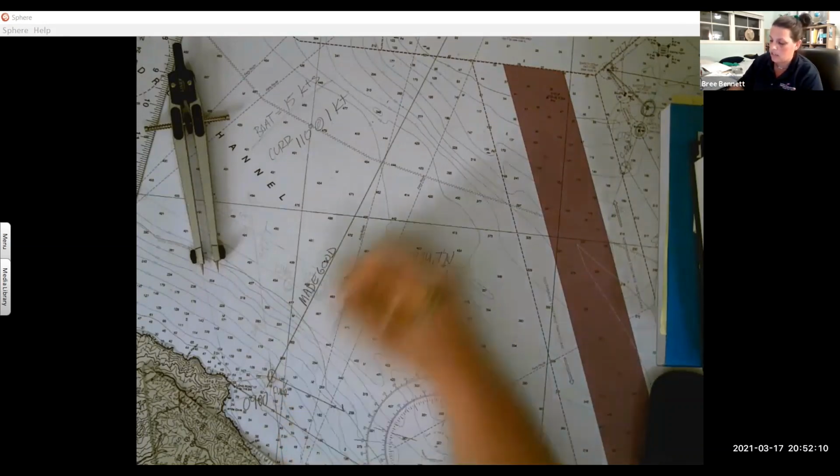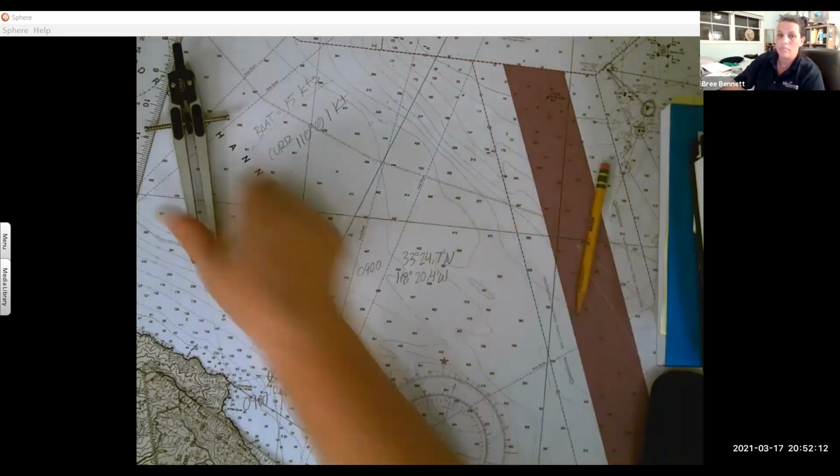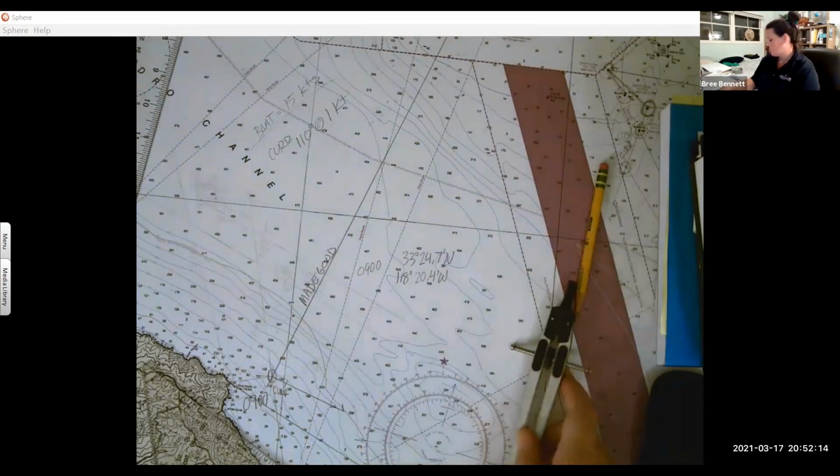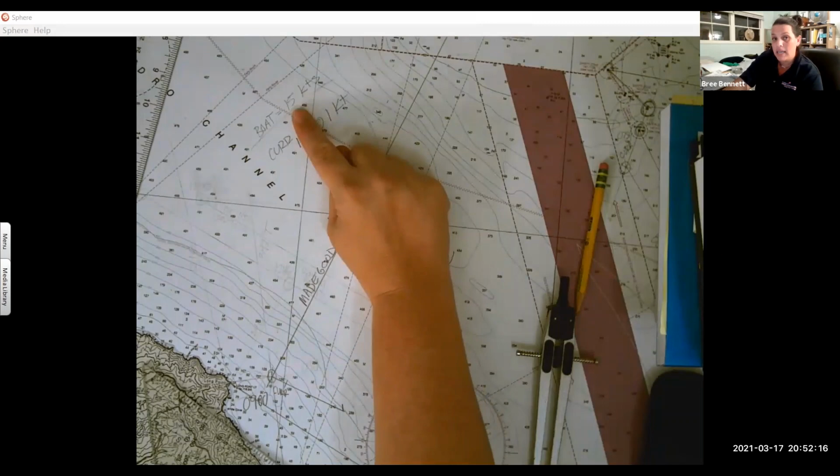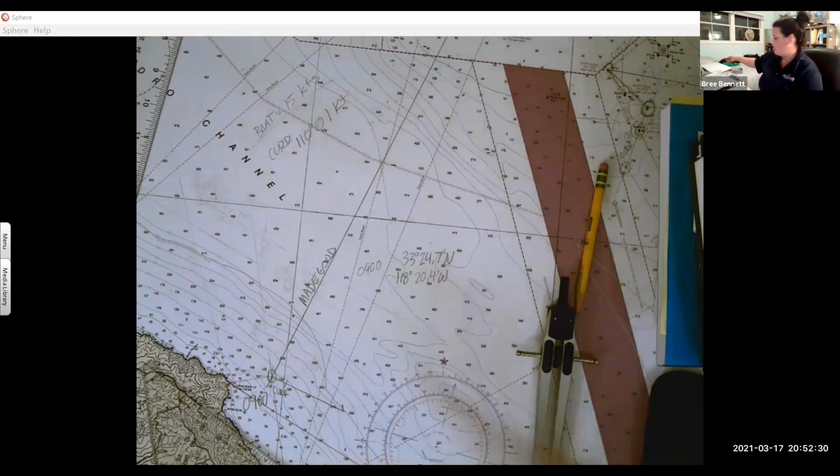I have my made good line. And then I want to put my boat line in there. My boat speed is 15. So in a half hour, what would my distance be? 7.5. So I'm going to find 7.5.